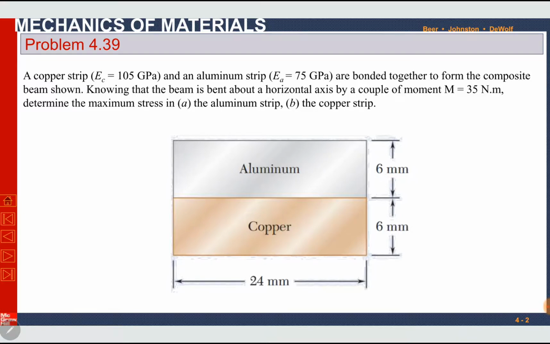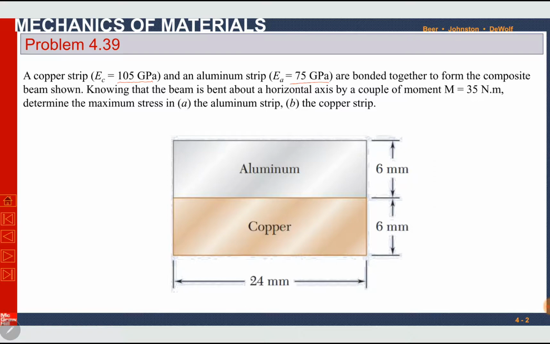A copper strip with the modulus of elasticity EC equal to 105 gigapascal and an aluminum strip with EA equal to 75 gigapascal. This is modulus of elasticity. They are bonded together to form the composite beam shown in this diagram.